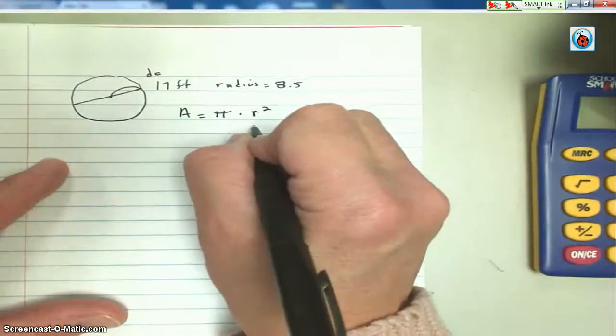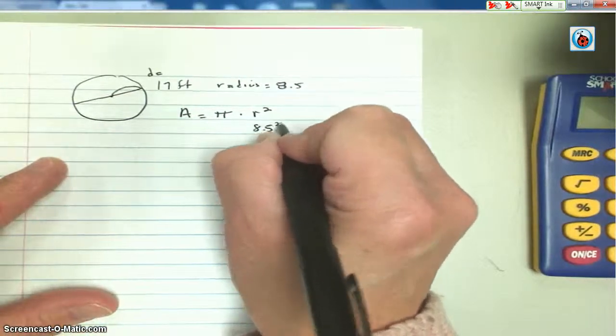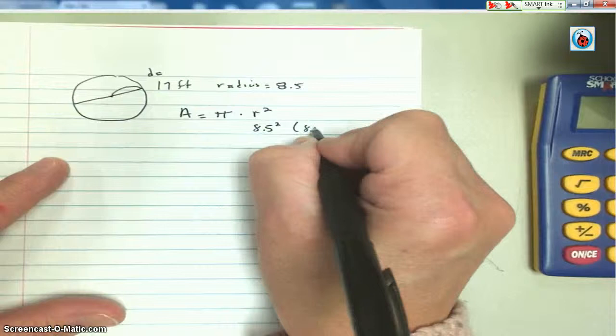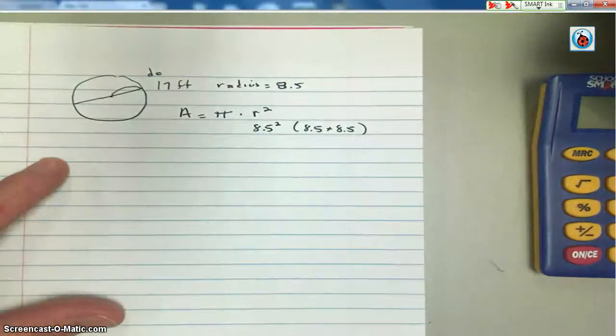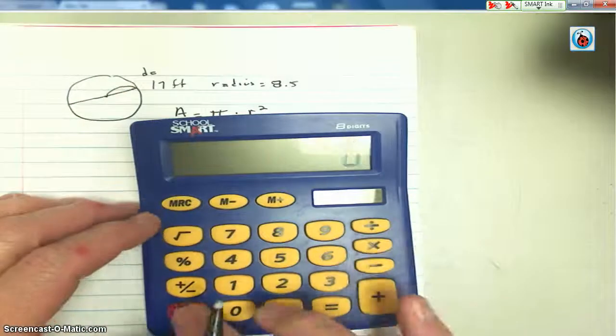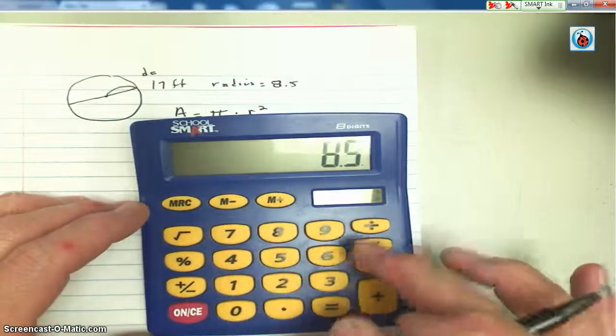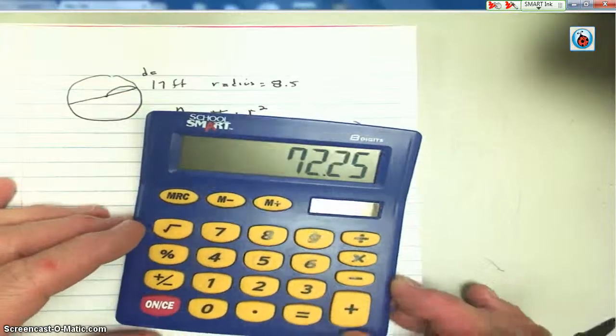So now we have our radius, 8.5 squared, which is 8.5 times 8.5, and we'll put that in our calculator here real quick. So 8.5 times 8.5 is equal to 72.25.